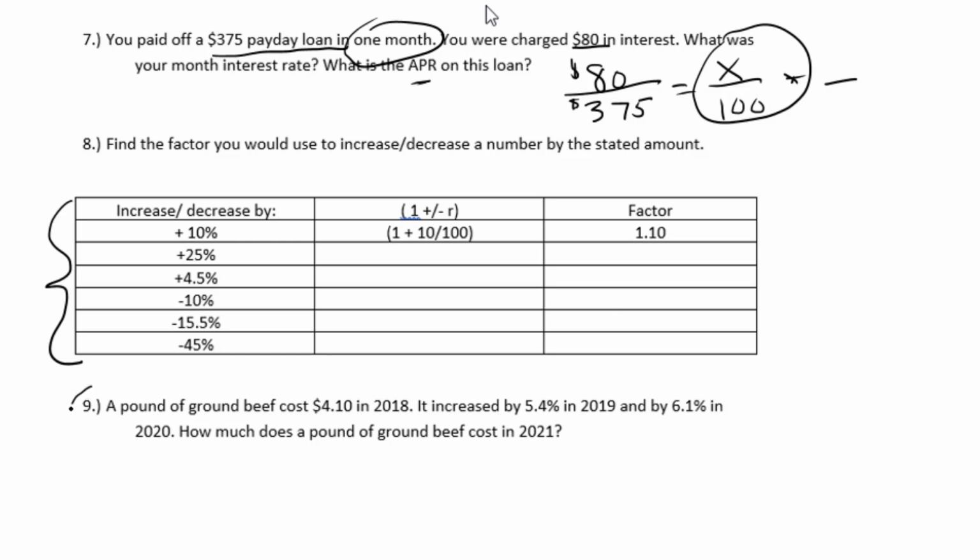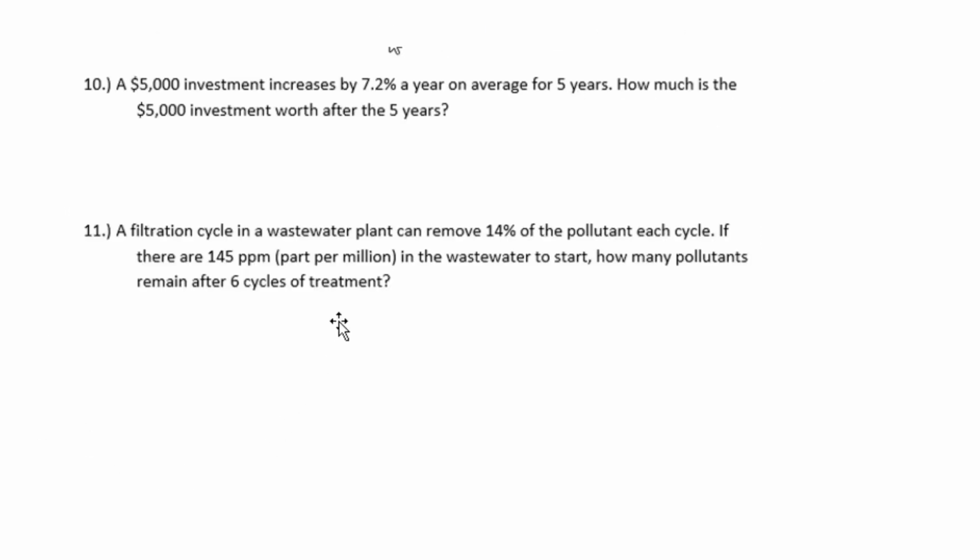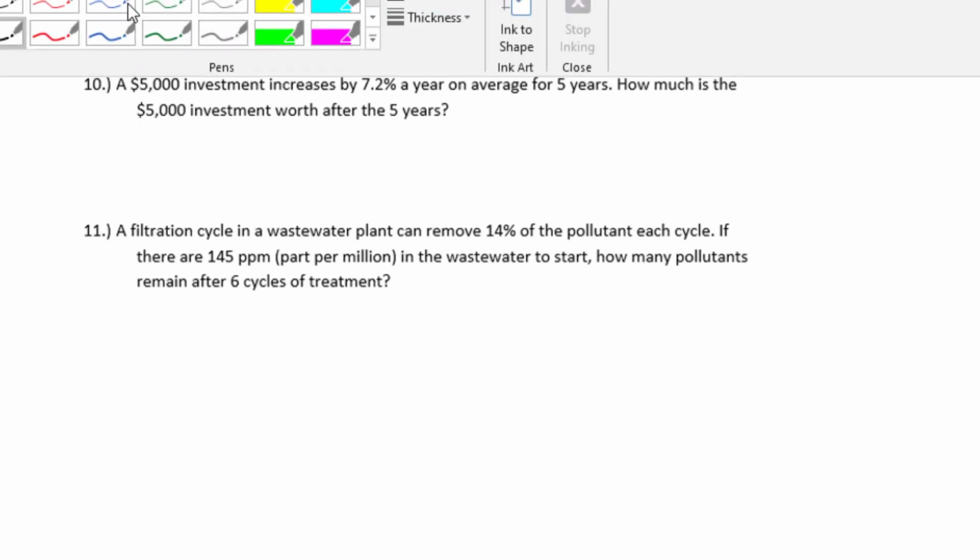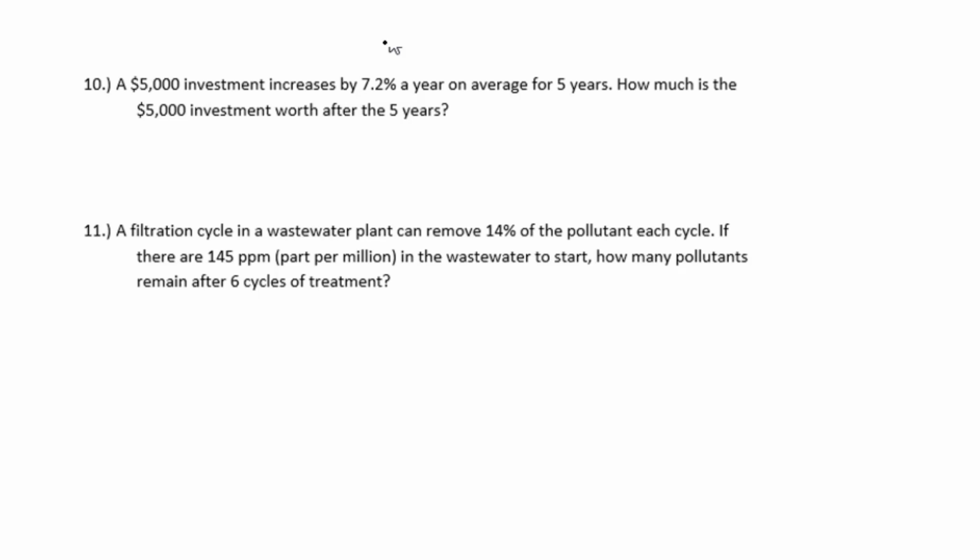This is a good one for you to explore. Alright, this is the one I did too. The thing you want to remember here is the first thing you want to do is find the factor that is going to increase this $5,000 by 7.2%. Use 1 plus or minus R. You use that to find the factor.